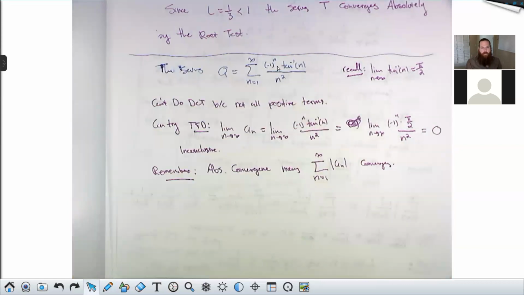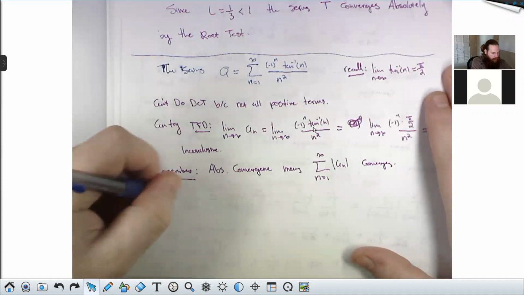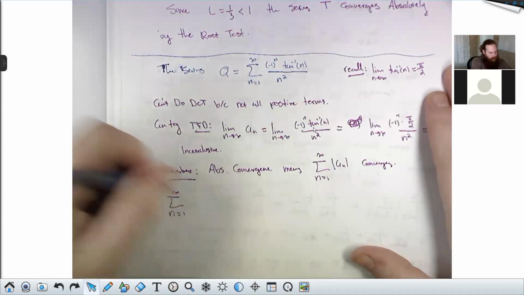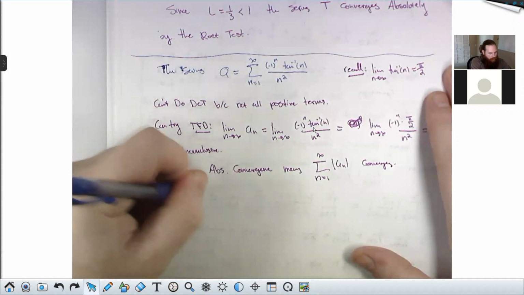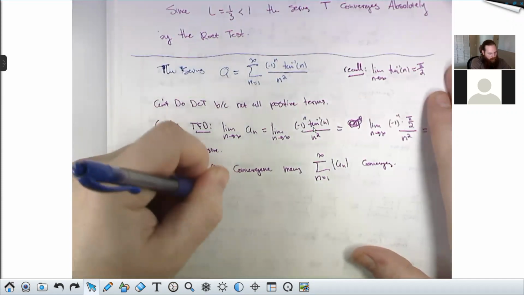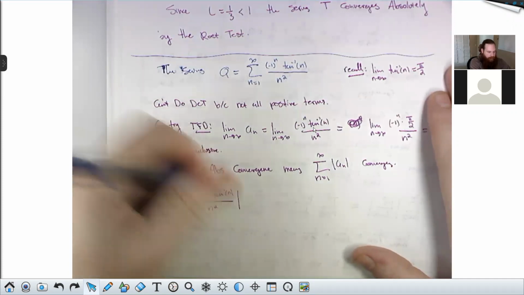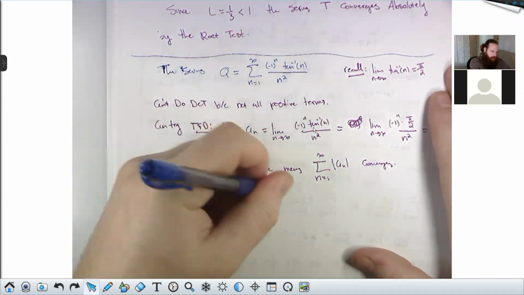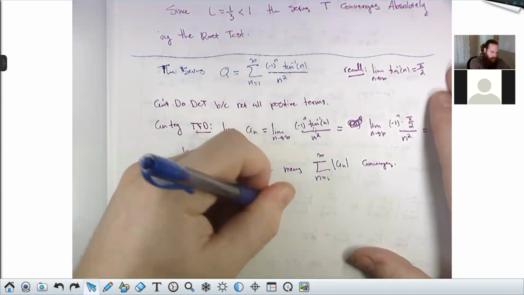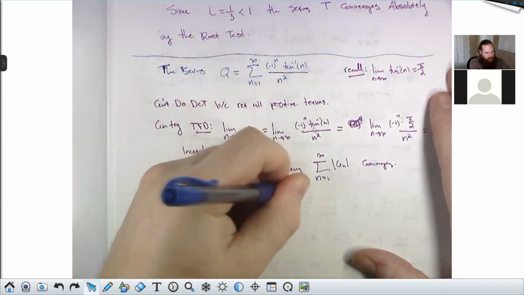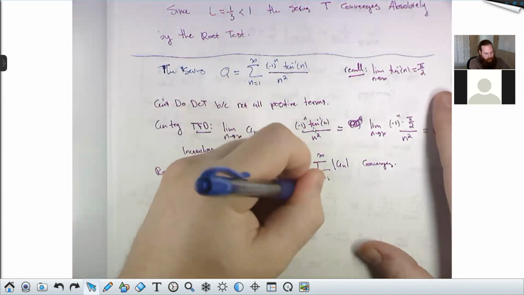And if I take absolute value, then I can use DCT because then everything inside will become positive. So the sum of the absolute value of negative 1 to the n arctan n over n squared is equal to the sum from n equals 1 to infinity of the absolute value of negative 1 to the n.